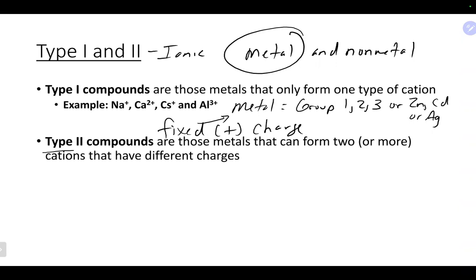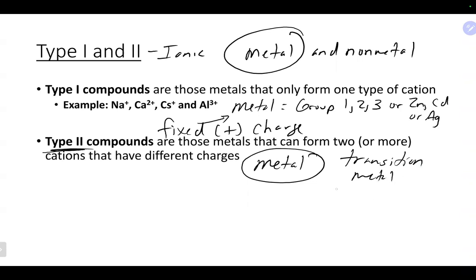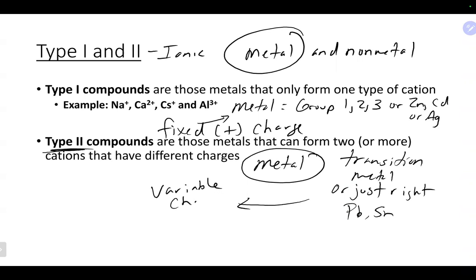A type 2 compound is where the metal, again, is the important guy, and the metal is a transition metal, and the metals just to the right on the periodic table where we have lead, tin, etc., underneath the staircase. These guys have a variable charge, obviously, except for zinc, cadmium, and silver.